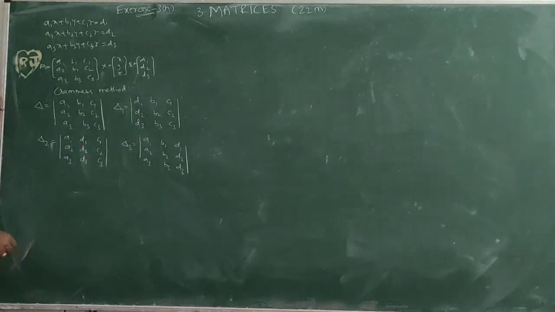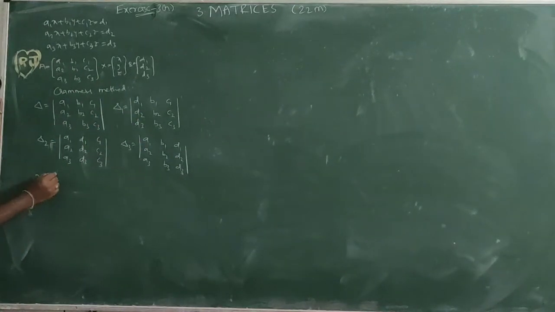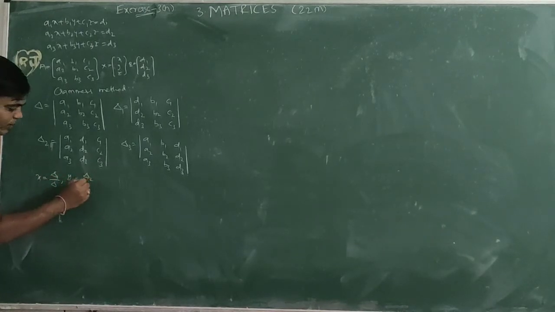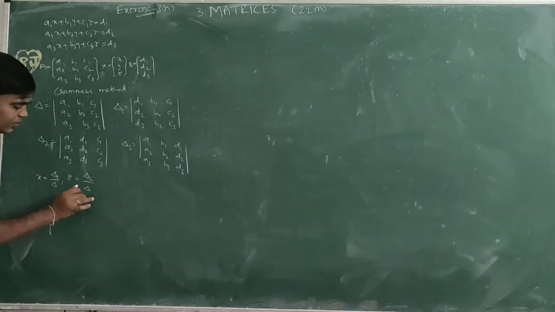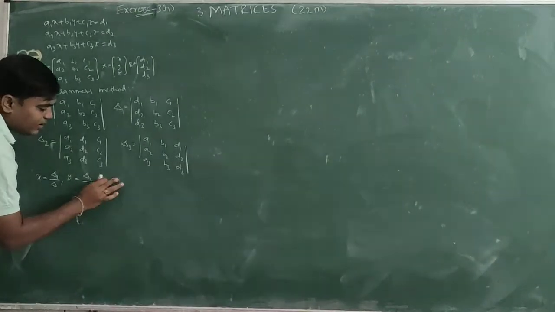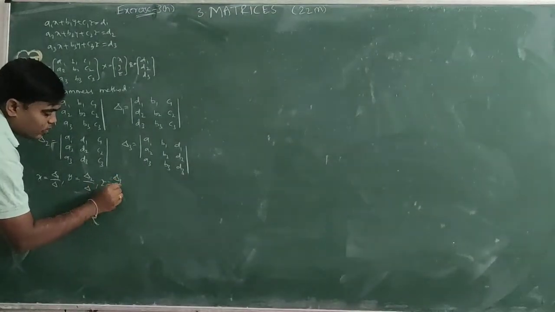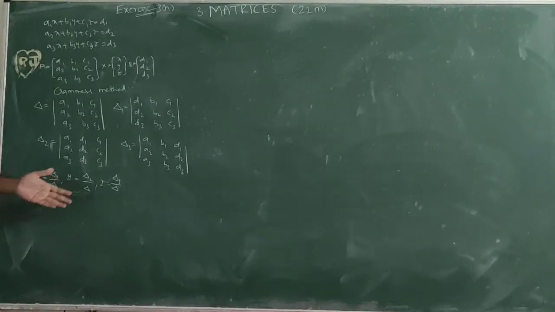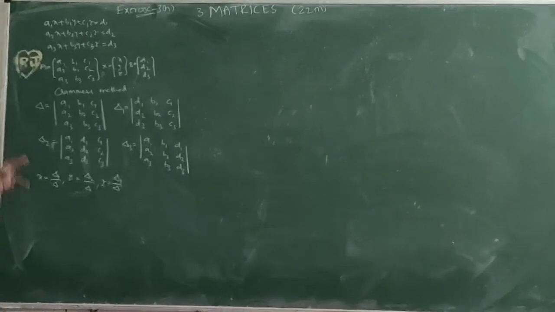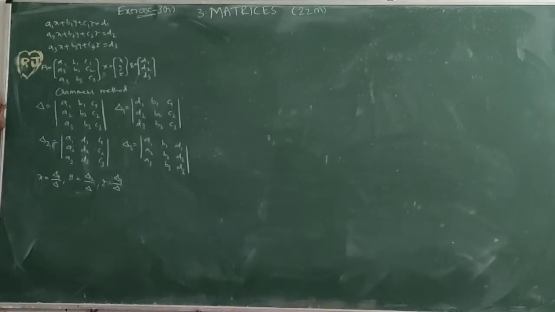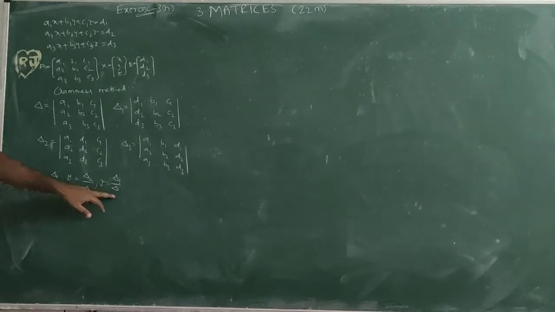After finding the four determinants, x equals delta 1 by delta, y equals delta 2 by delta, z equals delta 3 by delta. So by taking the ratios of the corresponding determinants, we get the x, y, z values. This is the required solution. All the denominators are delta.